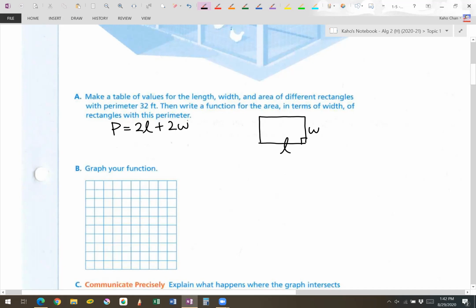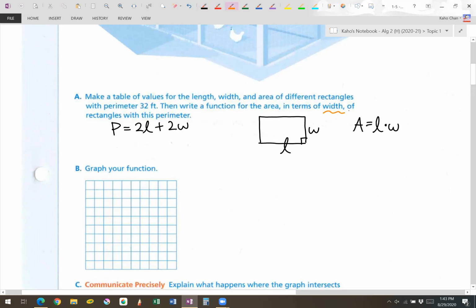Ultimately, we need to come up with a formula for the area of a rectangle. So let's write that down. Area of a rectangle is length times width. Now, if you look at this formula here, we see that there are 2 variables, L and W. They want our answer, our function, in terms of width.